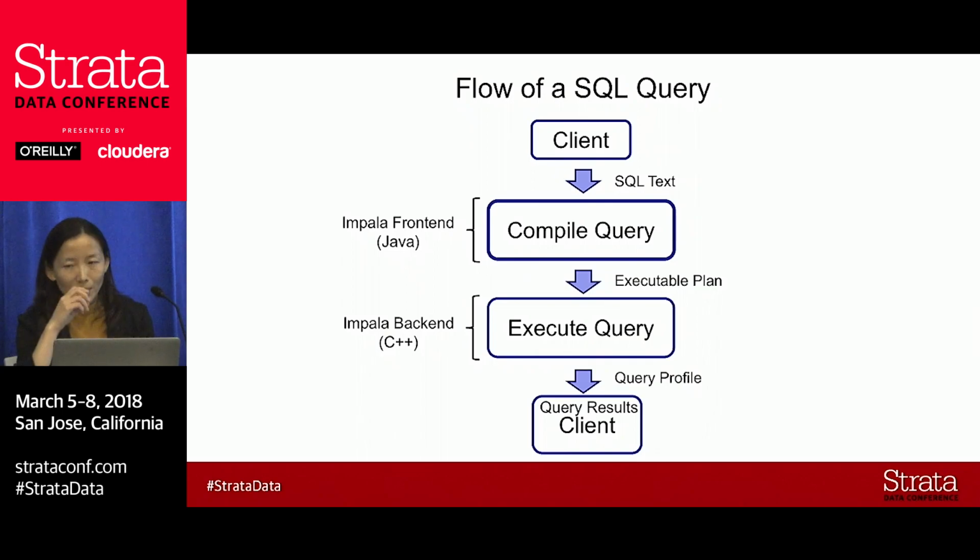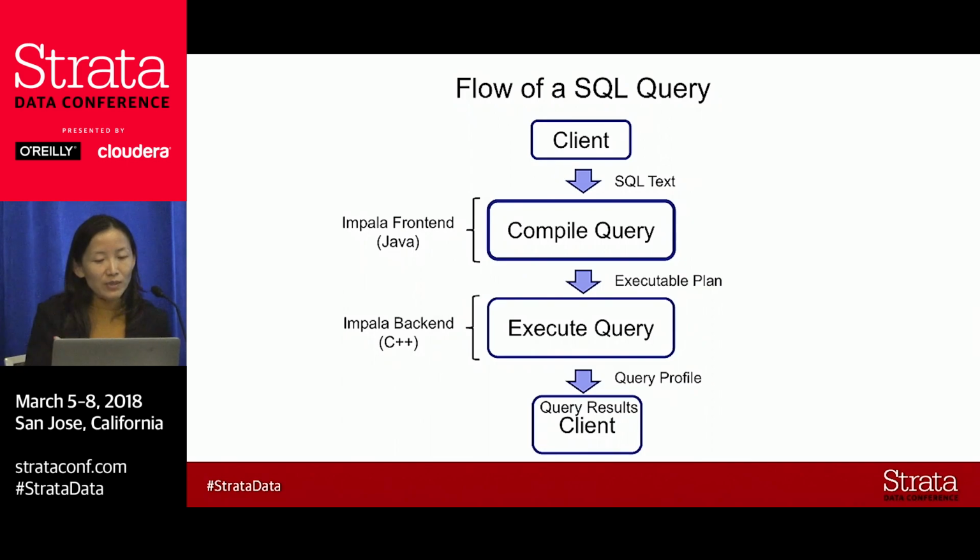At the process level, the front end and backend are actually in the same process. It's the same binary. It just has two different responsibilities, depending on what kind of request it gets. If it gets an already compiled query plan, it's just doing the execution part.